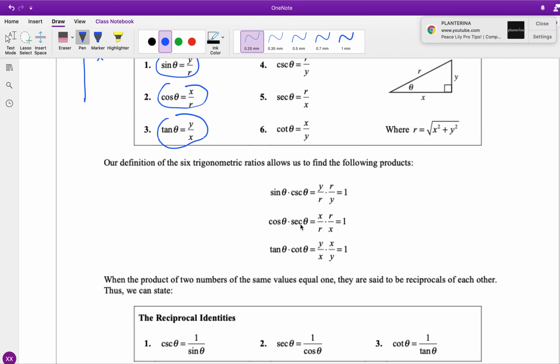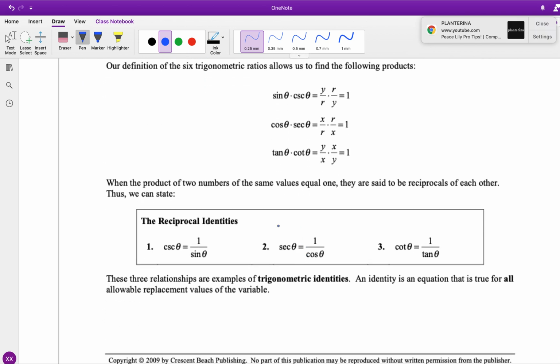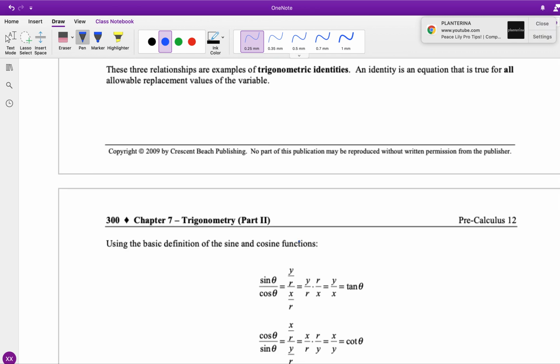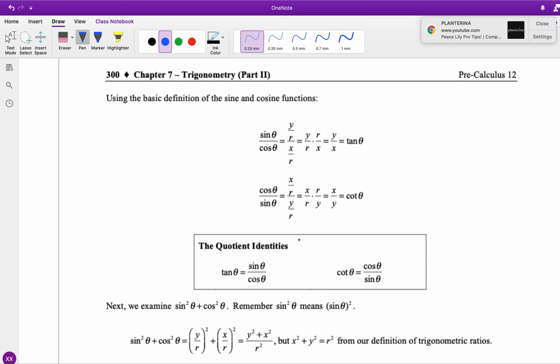Similarly, cosine and secant, where secant is the reciprocal of cosine, therefore that's 1. And then, of course, the cotangent is 1 over tangent, and that's still 1. So this is called the reciprocal identities. This one we have encountered before, so this is not something to be paid much attention to.